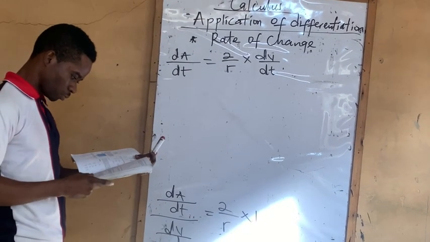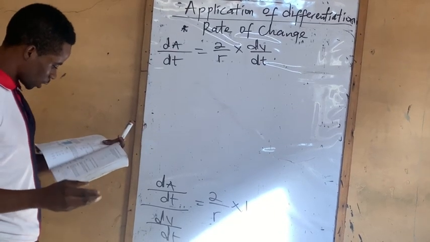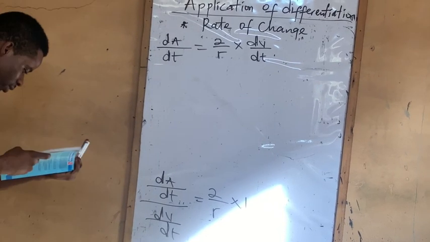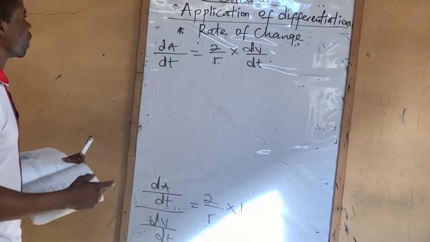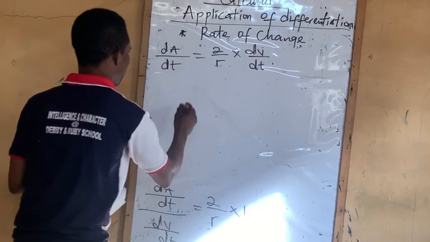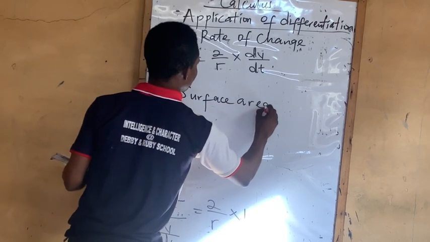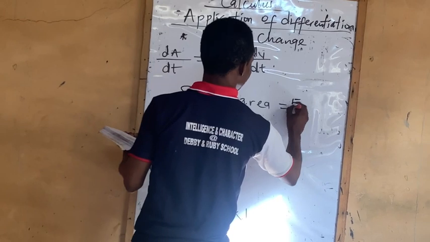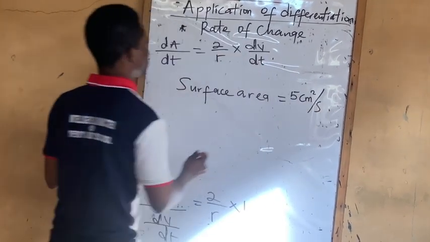Let's check the question. They said, find the rate at which the volume of a spherical ball is increasing, if the surface area is increasing at the rate of 5 centimeters squared per second.